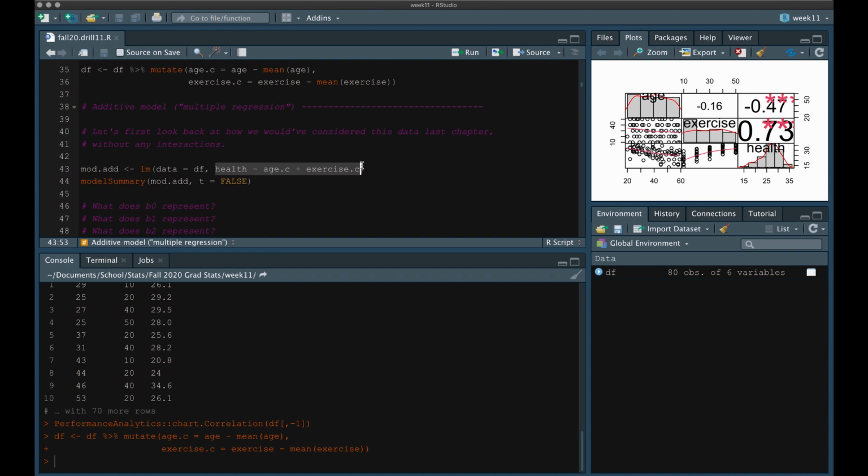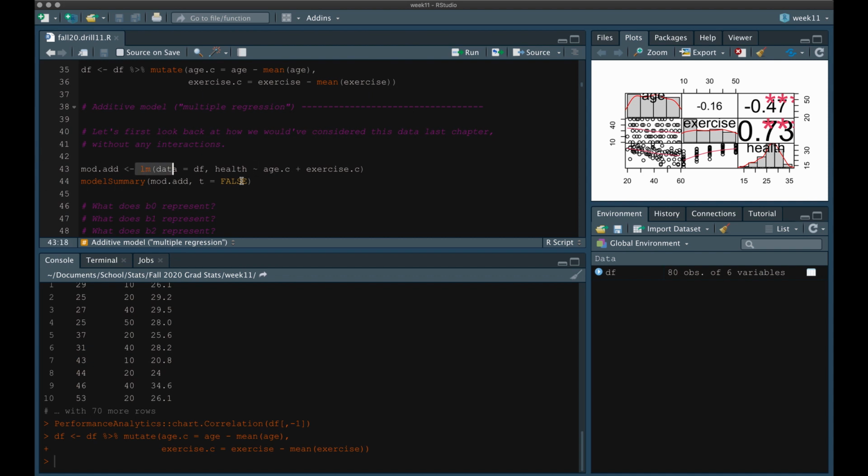One thing that might be helpful if you're struggling with that: I know I've mentioned before thinking of this tilde as what it means, and you could read that as "regressed on" or "is predicted by." So whenever you're writing code, try as often as possible to read things to yourself in plain English.